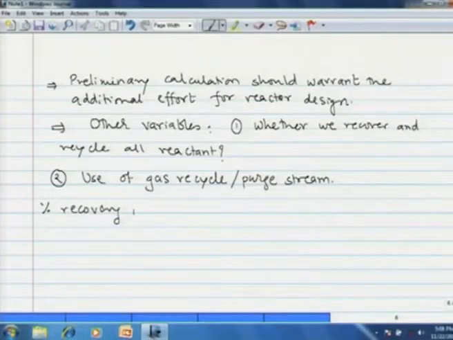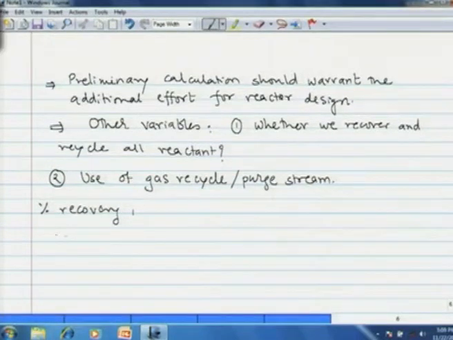This excess will most of the time be defined in terms of molar ratio to the limiting reactant, and this decides the amount of unreacted gas that will come out along with the inerts. And then we have to decide what fraction of this unreacted gas will form the recycle stream and the remaining purge stream.